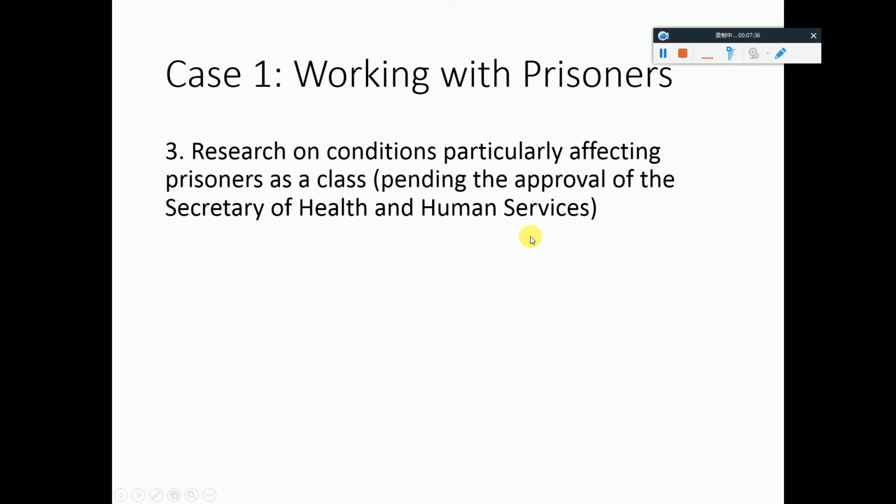This type of study needs to meet more stringent approval conditions. This type of study, in other words, must be approved by the Secretary of Health and Human Services, him or herself, before it can be executed. In other words, IRB approval is not sufficient for this type of research. The Secretary of Health and Human Services needs also to approve the study on top of IRB approval.